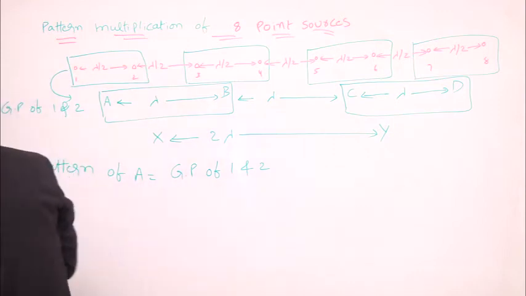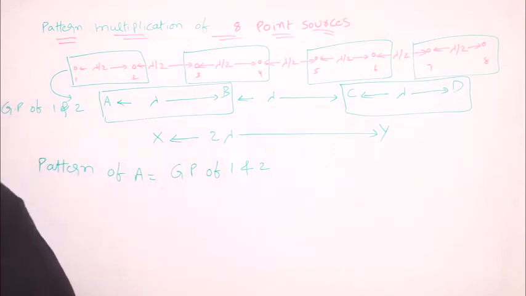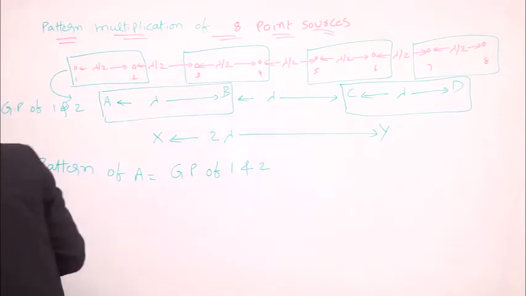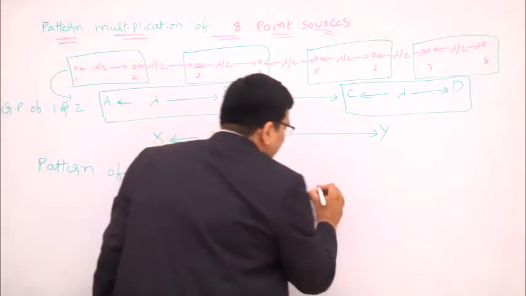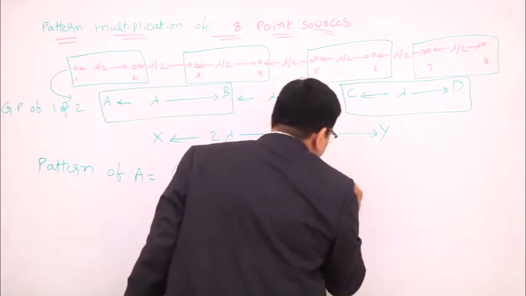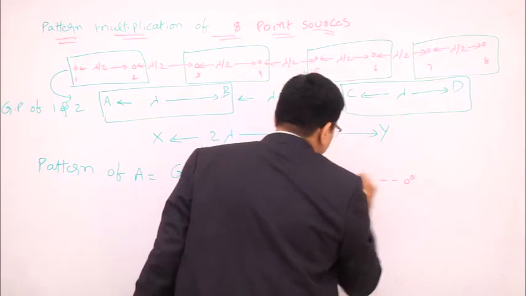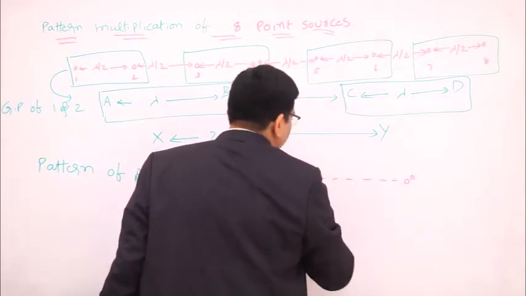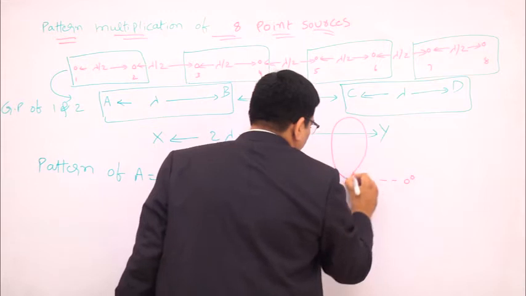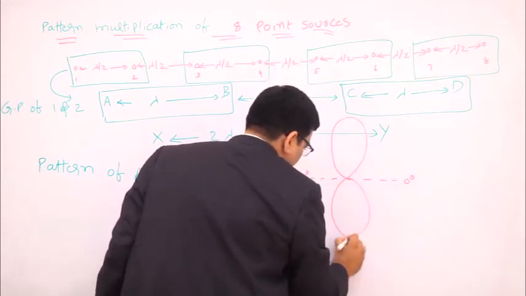In that group pattern we know that along the X direction we have nulls, and in the Y direction we have the maxima, that is at 90 degrees.